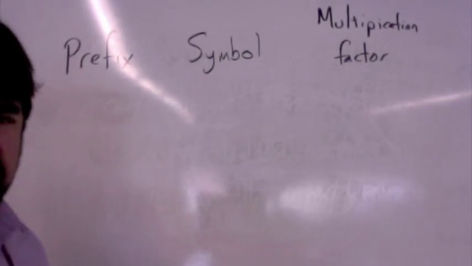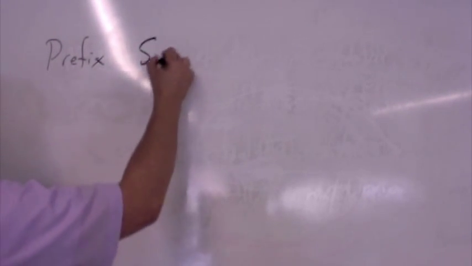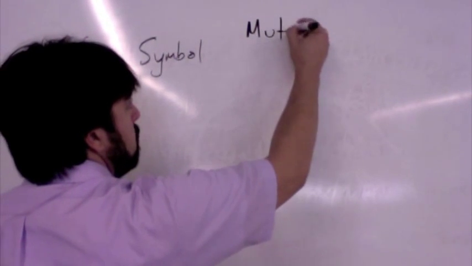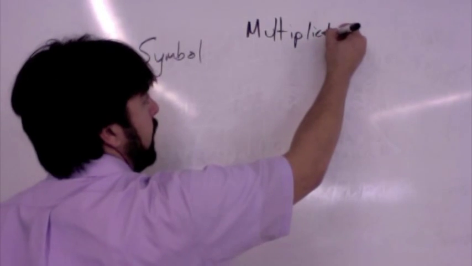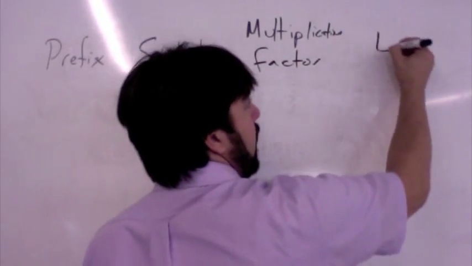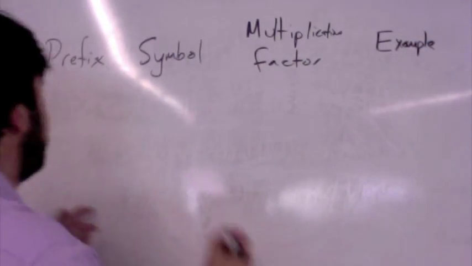So I'm going to just redo this really quickly, scrunch them all together. So the prefix, the symbol, this can be tinier, the multiplication factor, and the example. Hopefully that all fits. Good enough. Awesome.